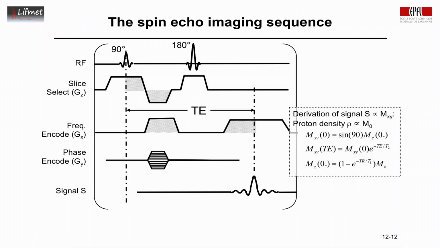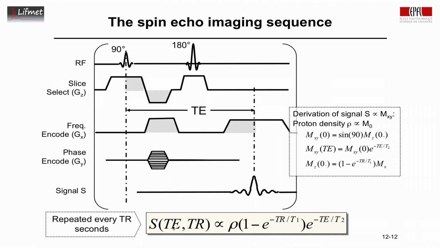So this is the signal behavior for this 90-180-degree sequence. As we repeat this every TR seconds, we want to acquire an image. We have to repeat it every TR seconds to produce a 2D image. So our signal now becomes a function of the experimental parameters TE and TR.